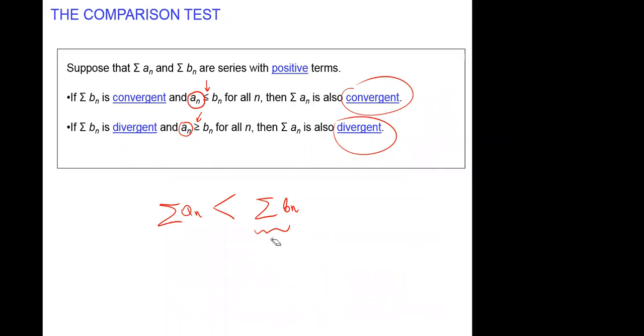If B sub n is convergent and something is bigger, and we get the relation this way, if the summation is bigger, I don't know, it could be huge, it could be infinity, or it could still be a finite number, still convergent. Let me just make sure that we're applying the logic. Okay, what else do I have before we start practicing?